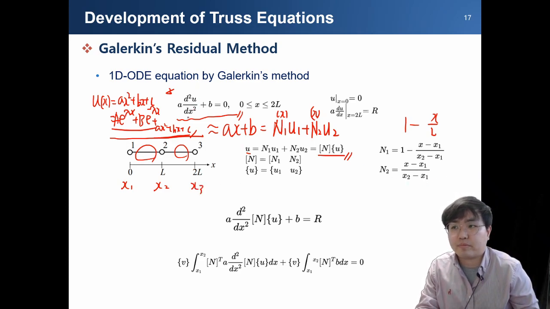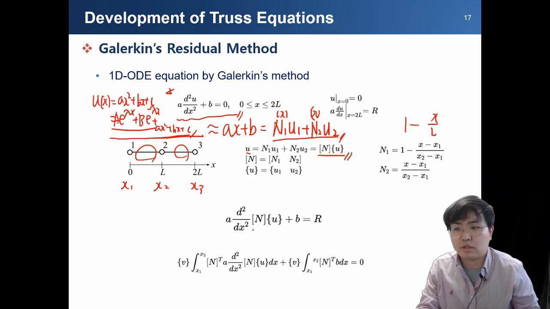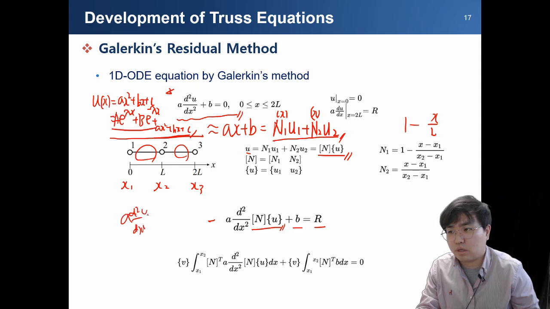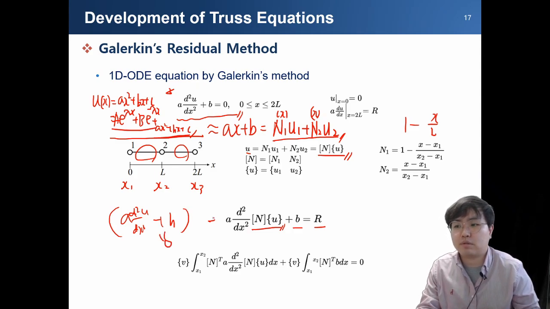And here, after changing, this u is an approximated solution that can be changed to look like this. But our equation is 0, I mean our exact solution is always equal to 0, so the residual can be determined, and it looks like this.